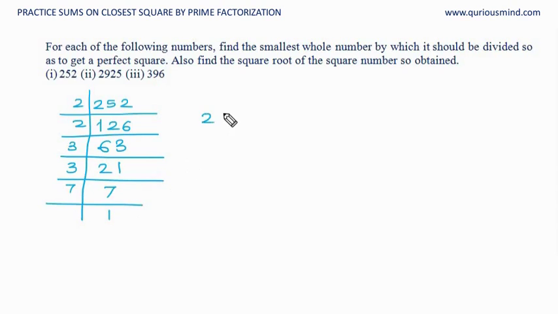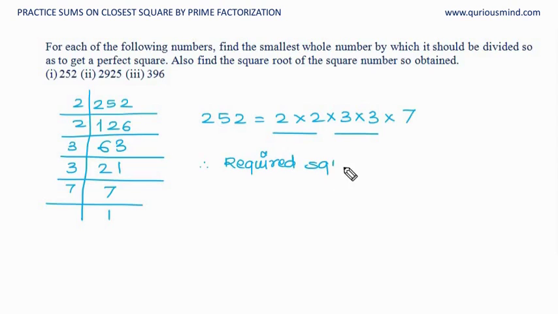And therefore, these are the factors of 252. If we look at the pairs, we have pairs of these numbers, but we have this number alone. So if we remove this number, we'll get a square number. So we can divide it by 7 to get a square number. The square number so obtained is 36.